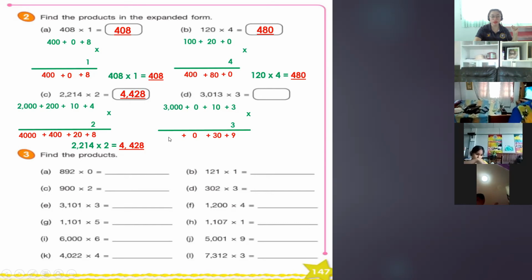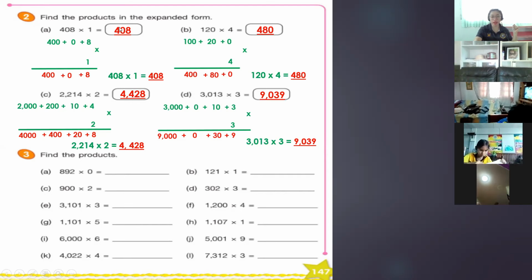And 3 times 3,000 is 9,000. Next step, we add this together. 9,000 plus 0 is 9,000. 9,000 plus 30 is 9,030. 9,030 plus 9 is 9,039. So the product of 3,013 multiplied by 3 is 9,039. Okay, so that is for exercise number 2.